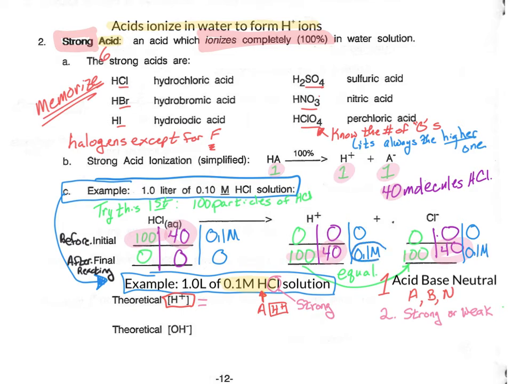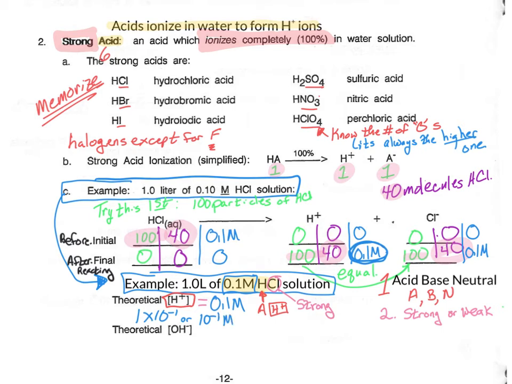The only one that I really care about is the H plus because that's what the acid is. We're being asked what is the molar concentration of this strong acid, and the H plus will be 0.1 molar. We normally write that in exponential form, which would be 1 times 10 to the negative 1, or in this case, just 10 to the negative 1 molar.